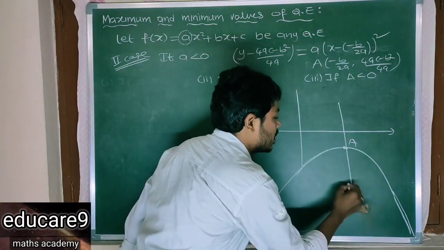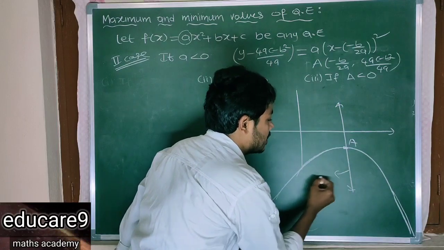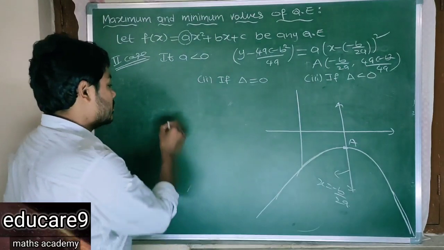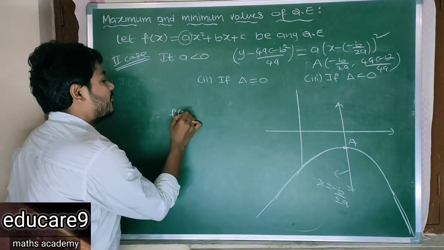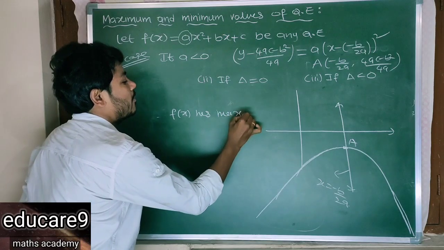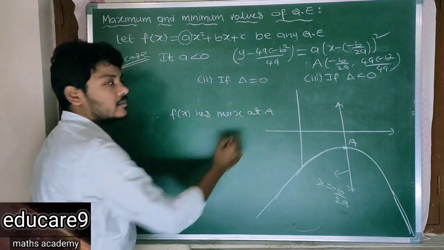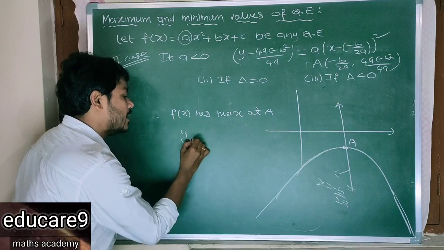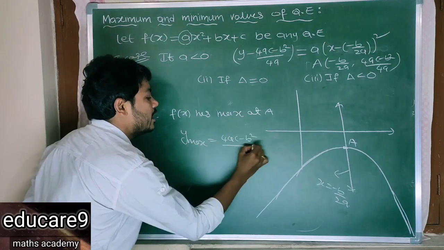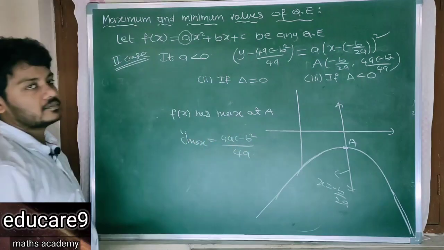So that vertex is what? x is equal to minus b by 2a. Therefore, f of x has a maximum at that point, that is, y maximum is equal to (4ac minus b square) by 4a.